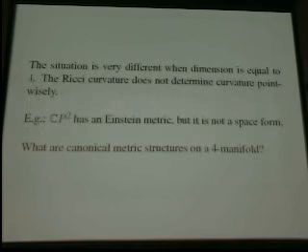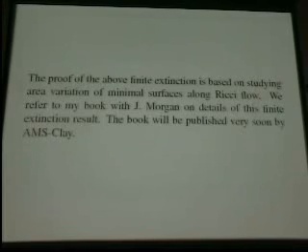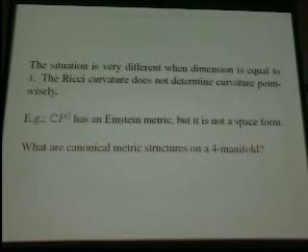Maybe I'll say briefly, since I have a few more minutes, a bit about the situation in four dimensions. It's also partly a motivation for why I spent time reading and understanding Perelman's work. In four dimensions, the Einstein condition, Ricci curvature, does not determine the curvature pointwise, unlike in dimensions 2 and 3.